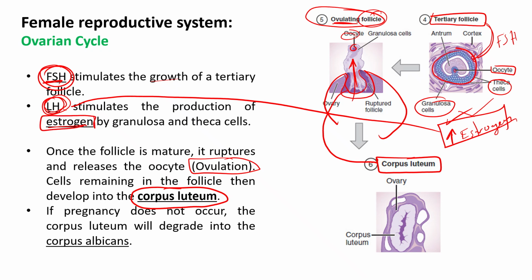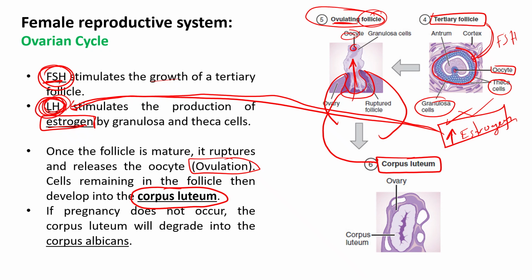At some point, one single follicle will predominate and will prevent the other follicles from maturing. So in this process, only one follicle grows big to tertiary, and that follicle is the one that at some point will produce a large amount of estrogen. This estrogen peak will stimulate the pituitary gland to release a large amount of LH, luteinizing hormone.